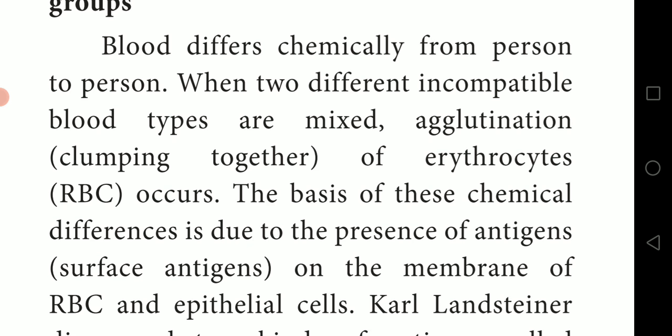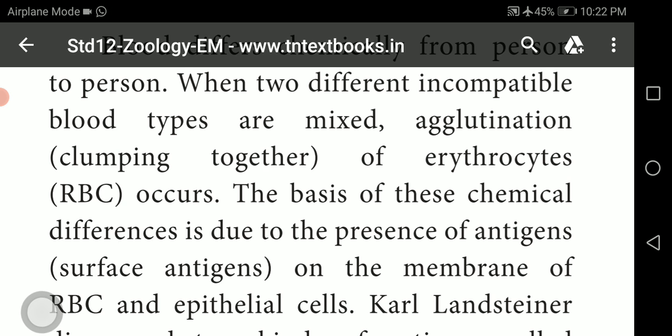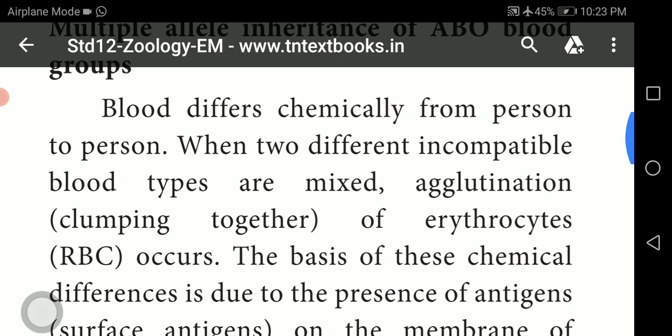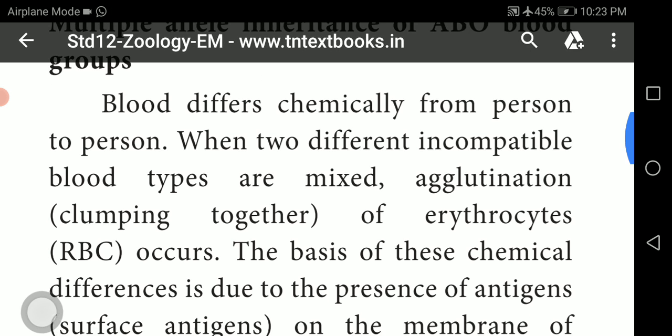Another example, blood group A persons cannot be mixed with AB blood group. That is what we call incompatible. If a person is blood group A, the same type of blood group can be transfused. If it is not transfused, that is because of mismatch. That is what we call incompatibility.